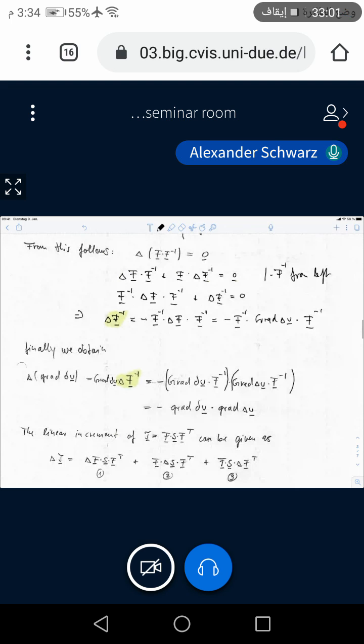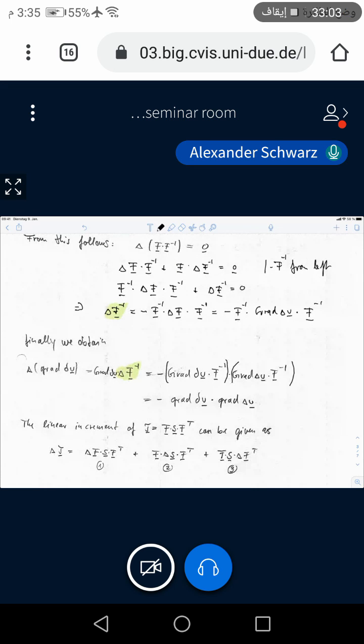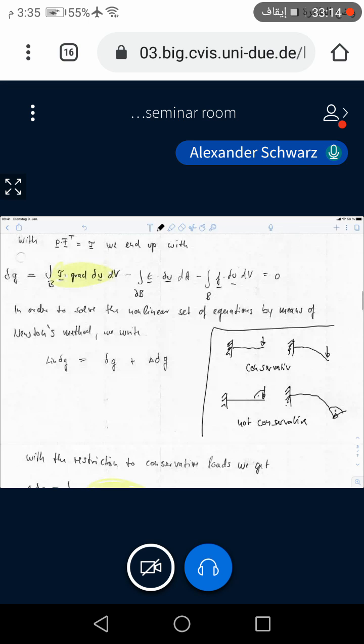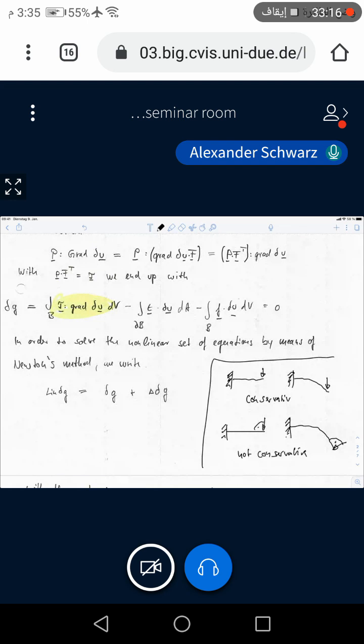So now we are at the point where we have to define what we concluded about conservative loads. If you have a load, it could rotate with the deformation or not. You see this in two cases.